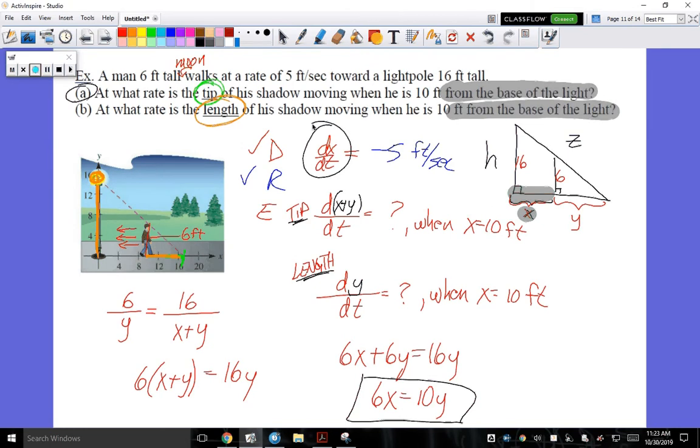Okay, here we go. The derivative of the left is 6 dx dt. The derivative of the right is 10 dy dt because of constant multiple rule. You with me? dx dt is negative 5.